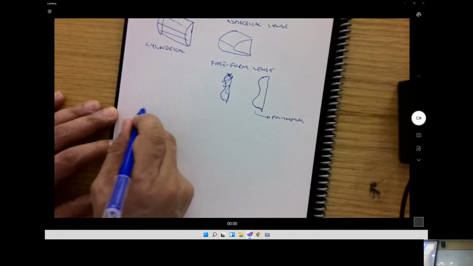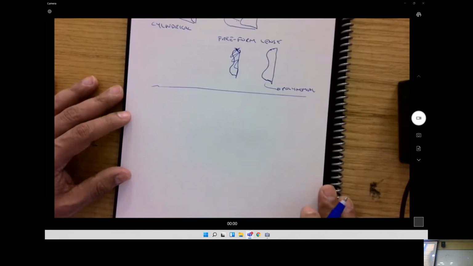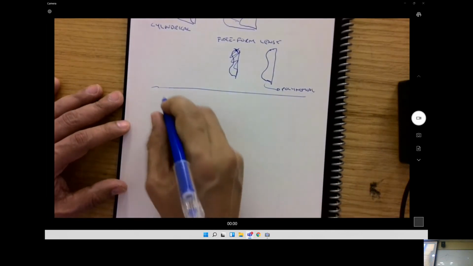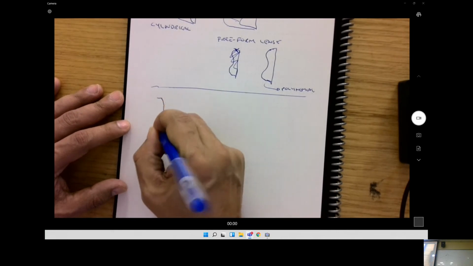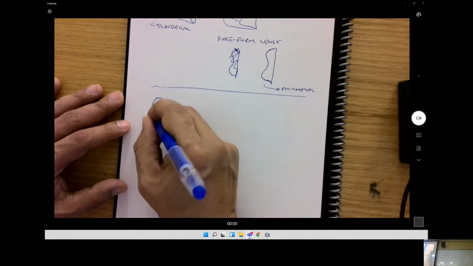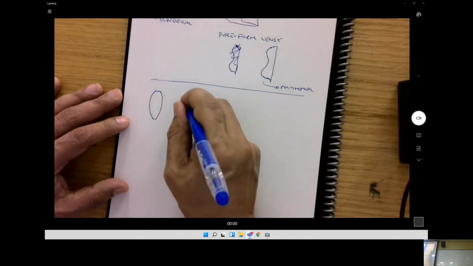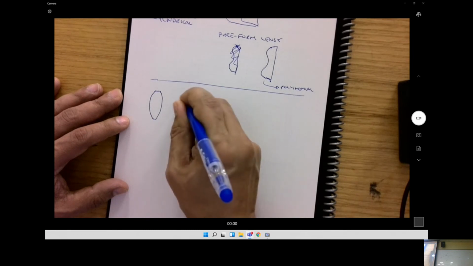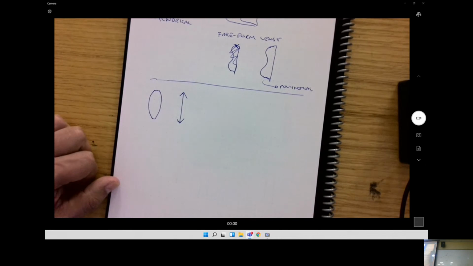Okay. Now, usually what is common when you are working with biconcave, sorry, biconvex lenses, is that you have something like this. To draw it a little bit faster, you do a double arrow like that.